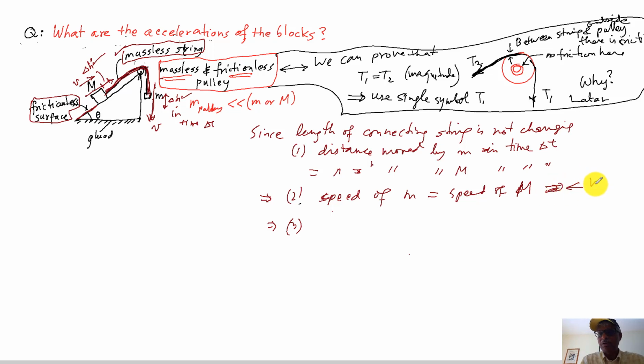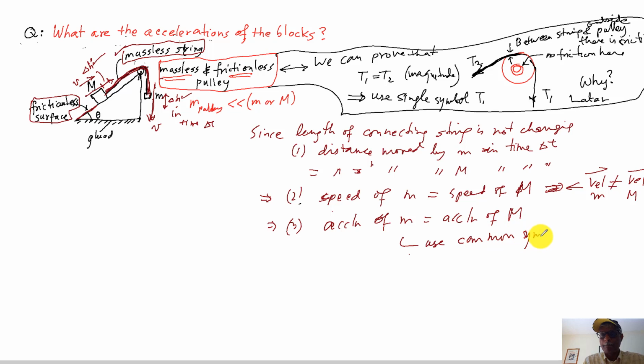This does not mean velocity is equal, because velocity is a vector. The speed is equal, and the acceleration of m equals the acceleration of big M. So I'll just use a common symbol, A, as the magnitude of the acceleration.